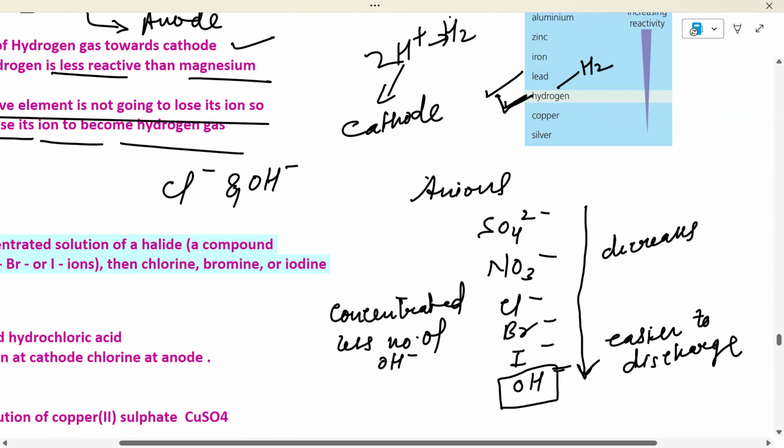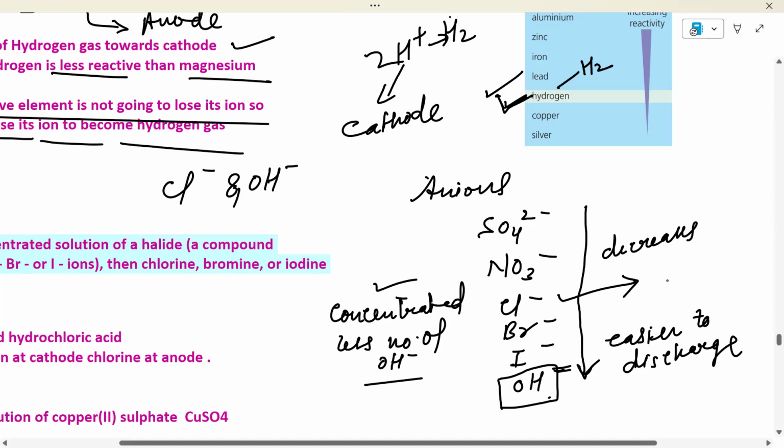It means here hydroxide ion is not going to discharge. Although the concept is saying, because as I told you, less reactive anion or cation will discharge first. But here, as the number of hydroxide ion is less because the solution is concentrated, so instead of hydroxide ion, chloride will discharge.